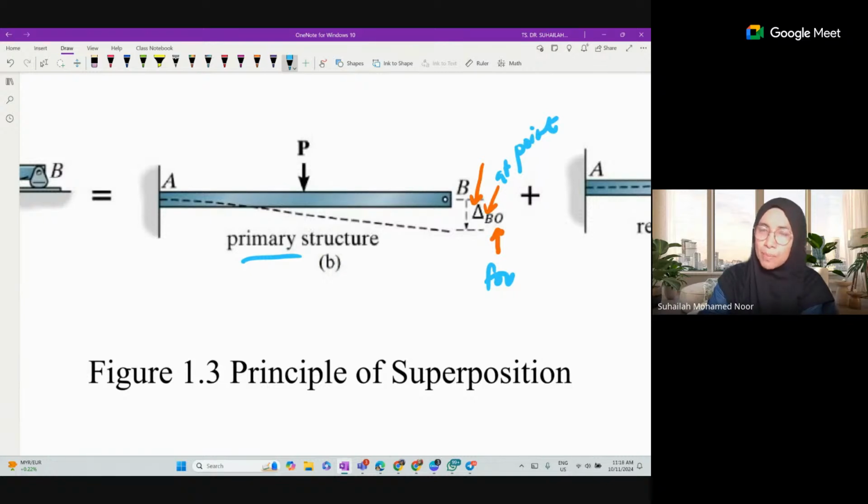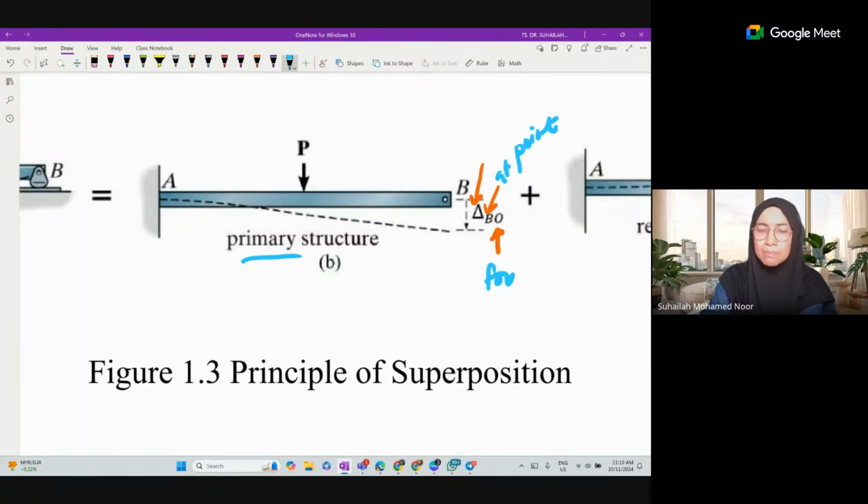Due to the external loading, the cantilever beam deflects, and we mark the delta at point B for the primary beam as delta B naught. We will determine this delta B naught.